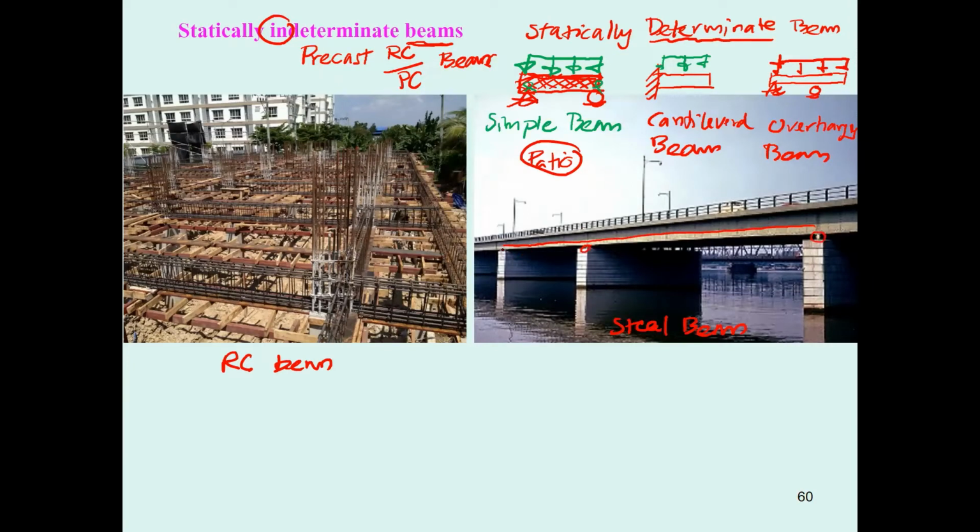This kind of roller over here, maybe the pin, and most of this kind of bridge will have the supports that make the beam statically indeterminate, and that is going to be our main problem in this study.